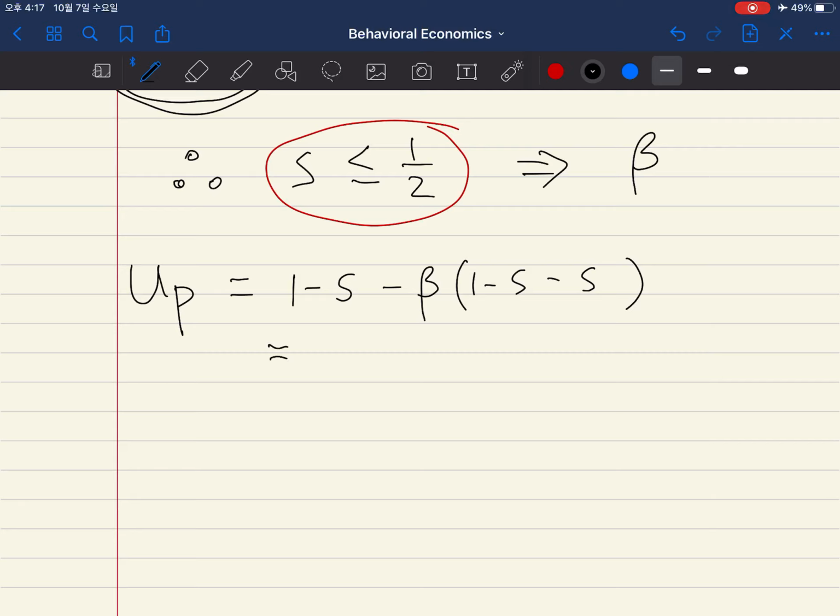So this is equal to, so let's rearrange this expression in terms of s. We can rearrange this expression in this way.